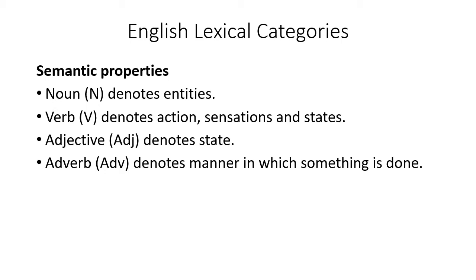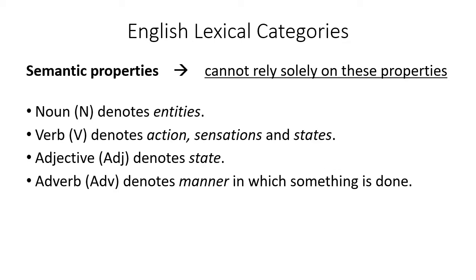As semantic properties, noun denotes entities, verb denotes actions, sensations, and states, adjective denotes state, and adverb denotes manner in which something is done. However, these semantic properties are kind of subjective and not always reliable.